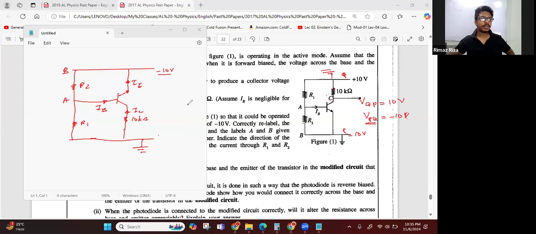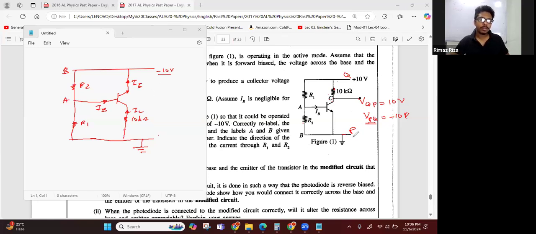I can explain again. V_PQ is minus 10, so here the potential is minus 10. Now we want to give a minus 10 volt.